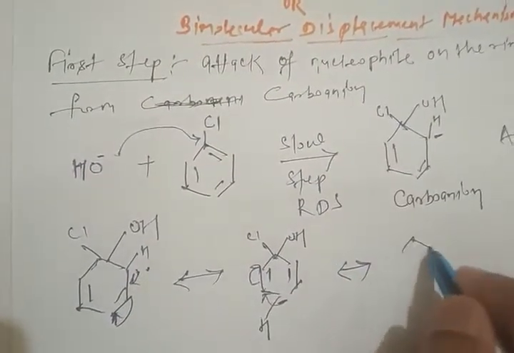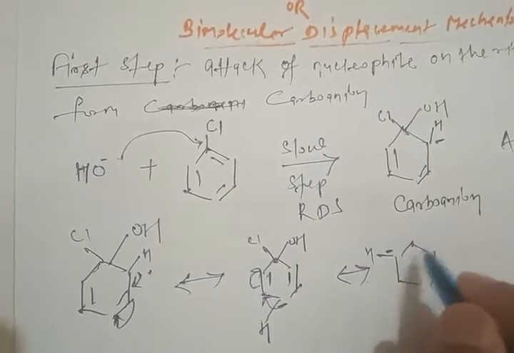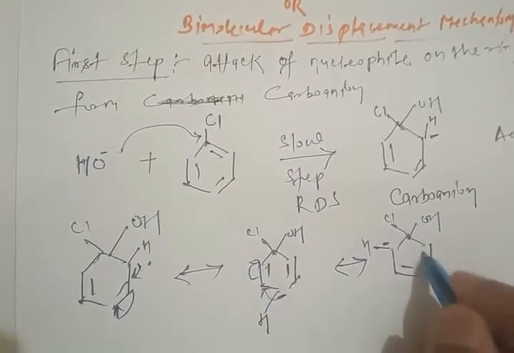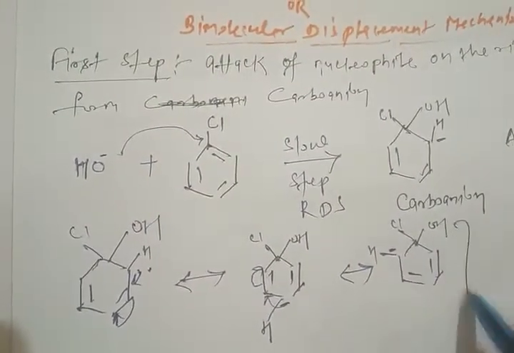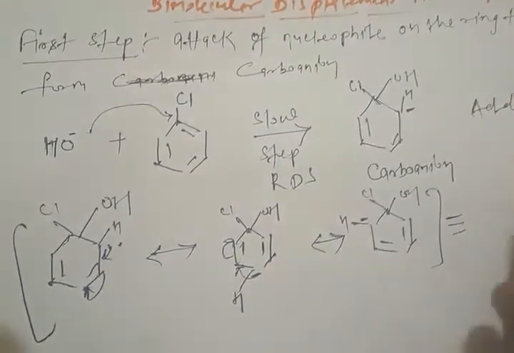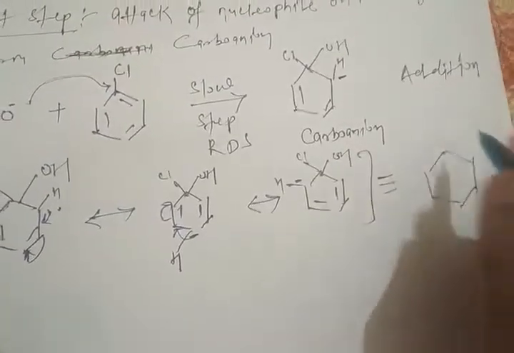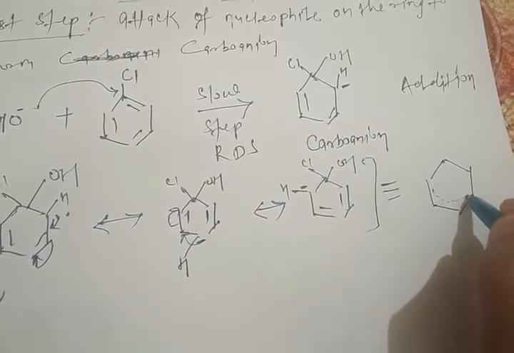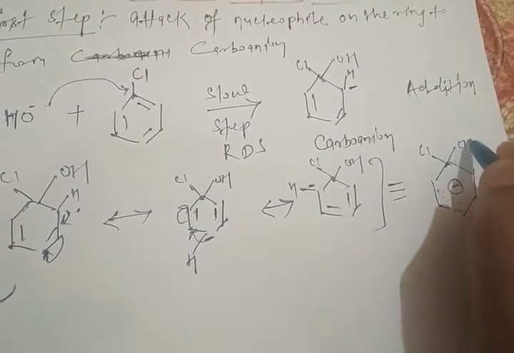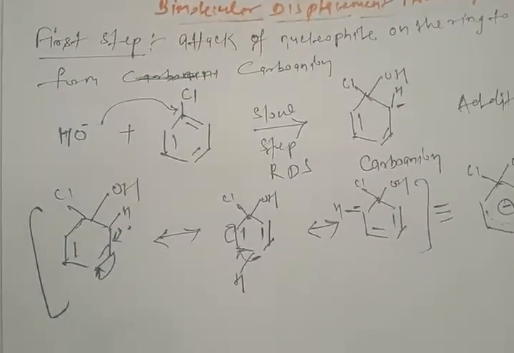So this is the resonating structure of the carbanion, and ultimately we will get the third resonating structure in this pattern: negative charge, Cl and OH. So this is the addition reaction.